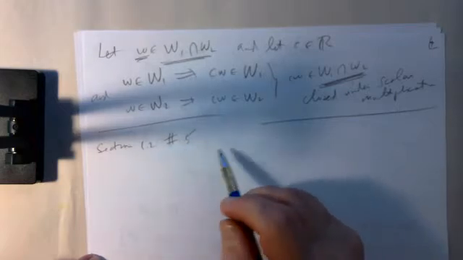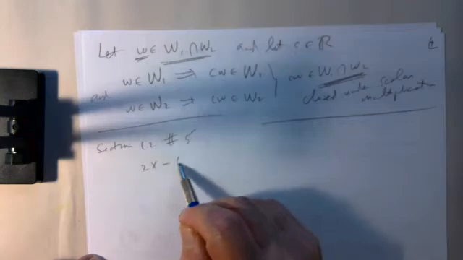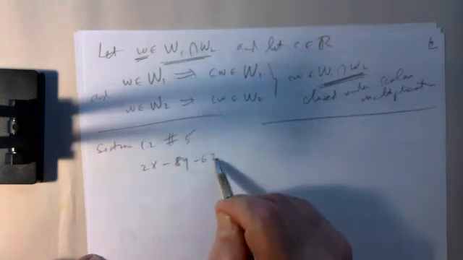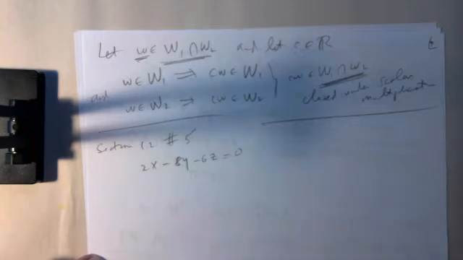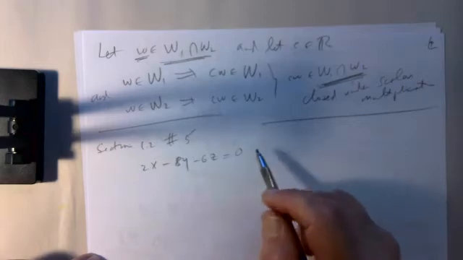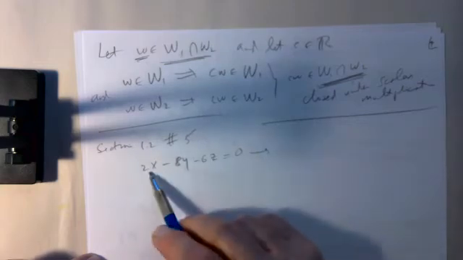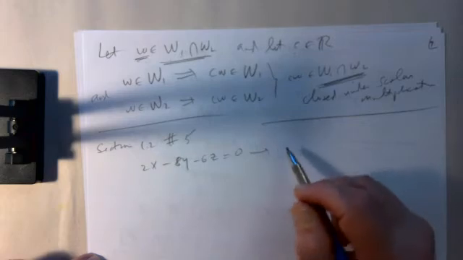And we're looking at the equation 2x minus 8y minus 6z equals 0. Is that correct? Yes, that one. Okay. So we want to find all solutions. The simplest thing is just to divide by 2. So that gives us smaller numbers and the coefficient of x is 1.